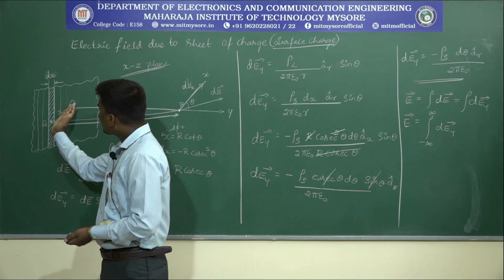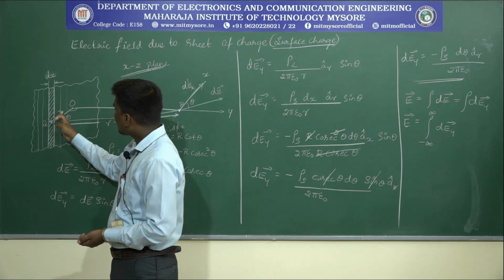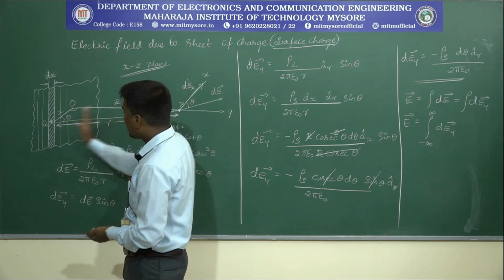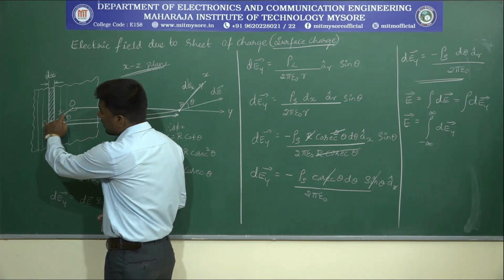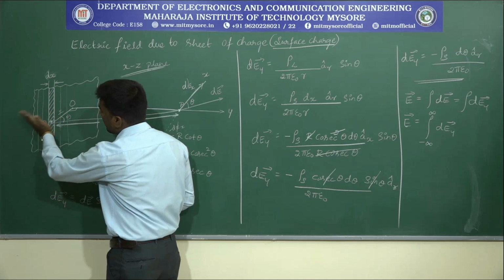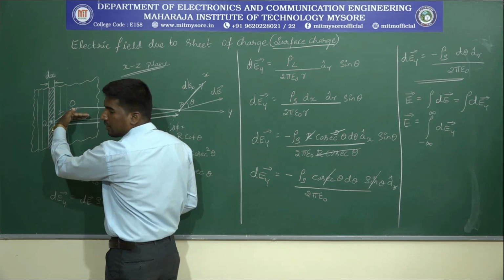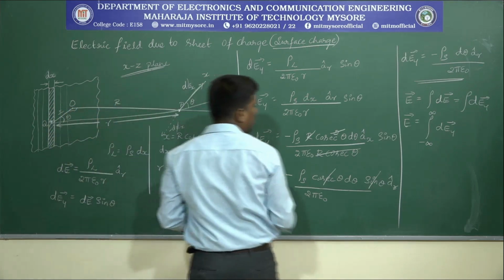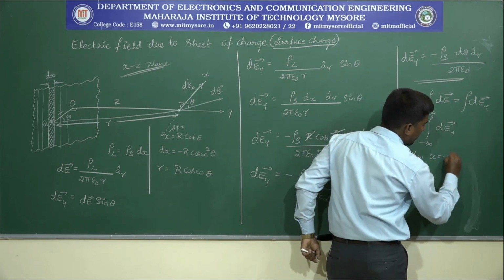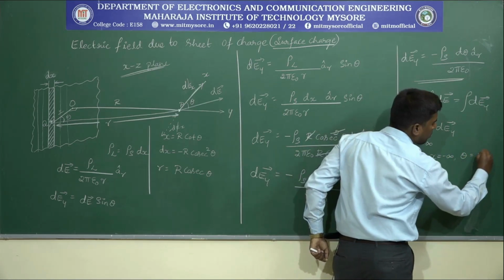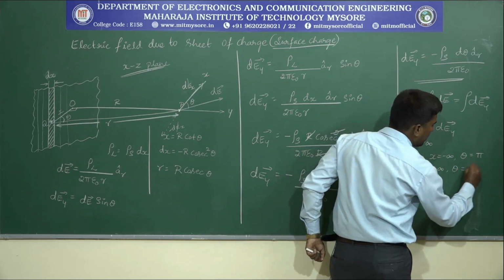When x is at plus infinity, theta becomes 0. So when x is equal to minus infinity, theta is equal to pi. When x is equal to plus infinity, theta is equal to 0.